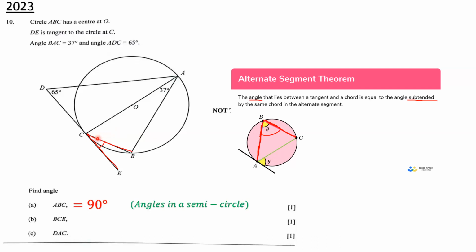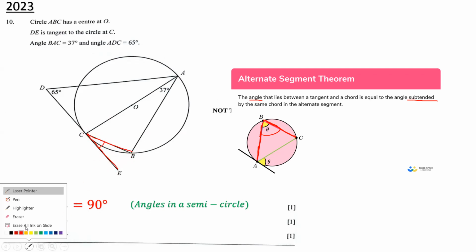And so the same thing applies here, right? We have the tangent line DE, that's the tangent line, right? And CE is part of the tangent. We have the tangent line, and the angle formed between the tangent line and the chord BC is the angle right here.